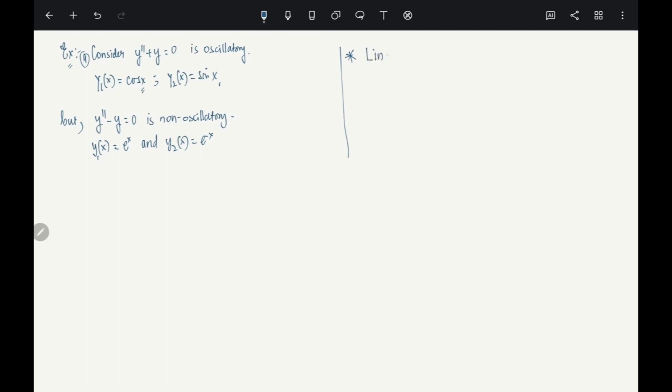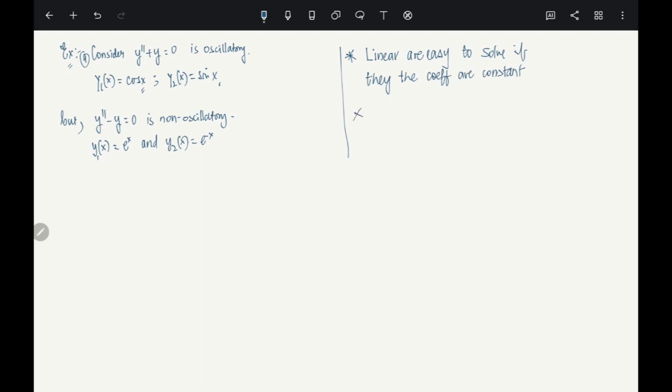Remember this: linear equations are easy to solve if they are constant coefficient.